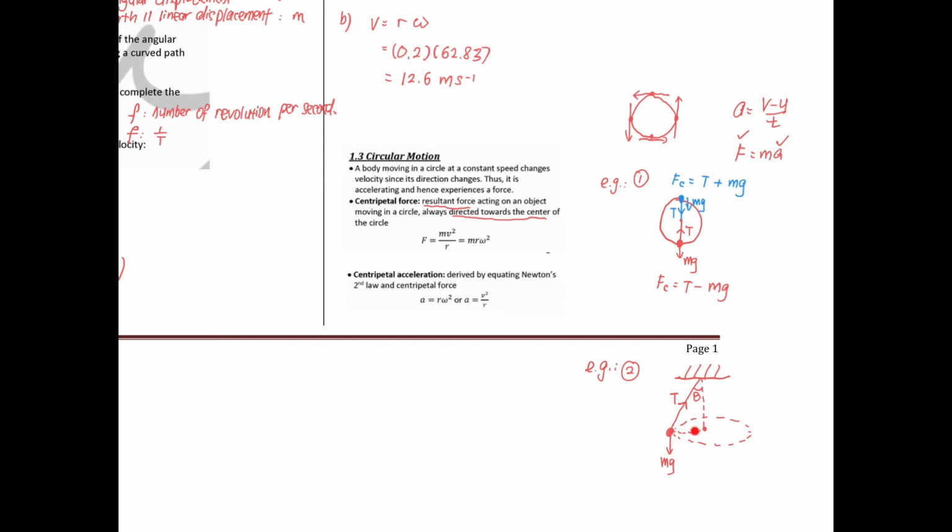To find the force over here, first of all, the weight mg is perpendicular to the direction which acts towards the center of the circle. When they are perpendicular, the weight will not contribute any value to this direction.